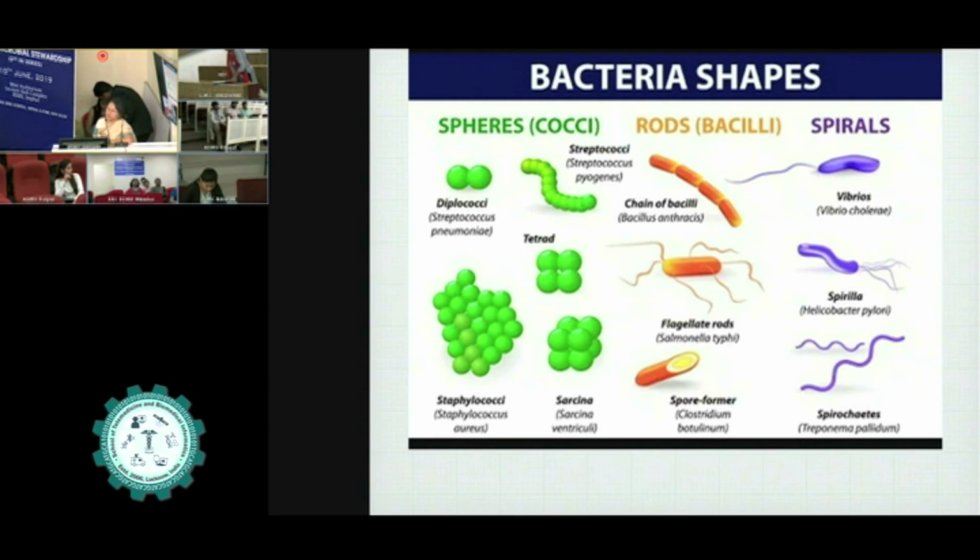It may be round, which we term as cocci, or it may be rods, that we call bacilli. And then on the other hand, we have spiral-like bacteria that we call spirals. And some of these are spore forming, some do not form spores.